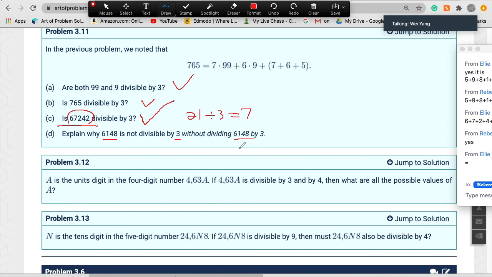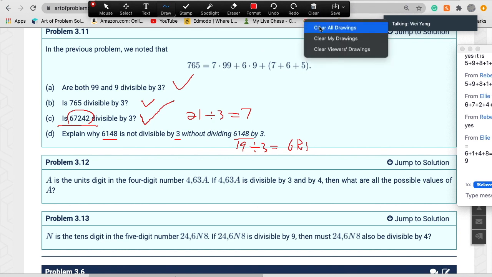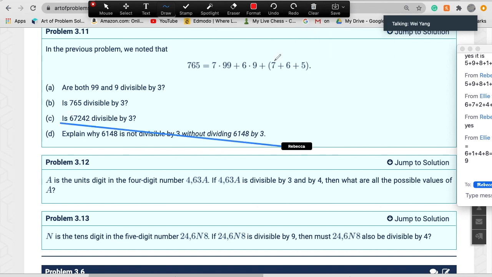If the sum of the digits is divisible by 3, that means this number is divisible by 3. Otherwise, this number is not divisible by 3. When you add these 4 digits, what do you get? I meant to write 19. Yeah, you get 19. 19 is not divisible by 3. When you divide by 3, you get 6, remainder 1. So that means this number is not divisible by 3.